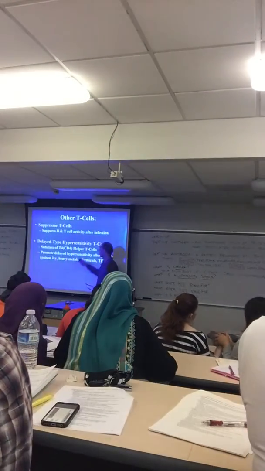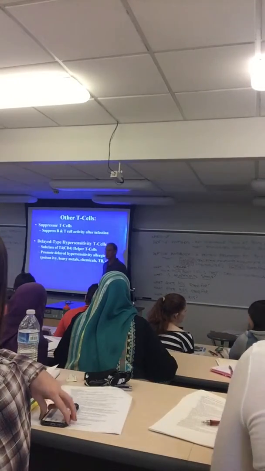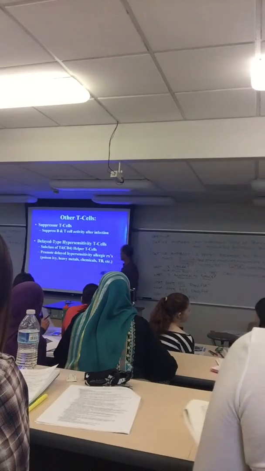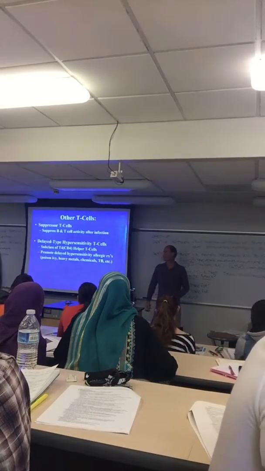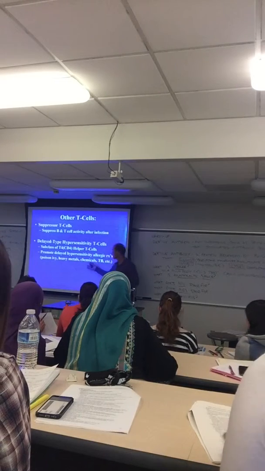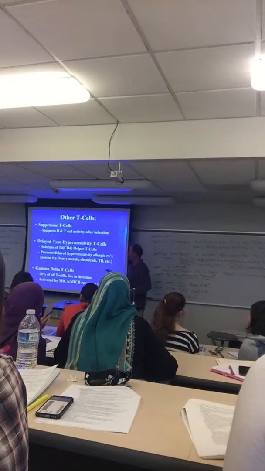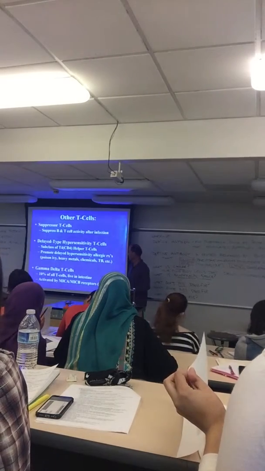There's also the type hypersensitivity T cells. It's a subclass of helper T cell, and they're really involved more with allergic reactions, things like poison metal reactions, chemicals, also. And then there's gamma delta T cells.